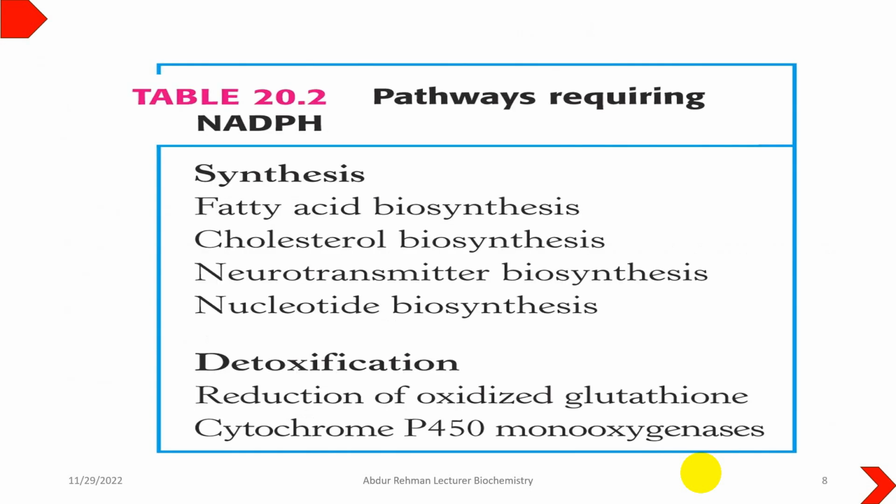These are the processes which require NADPH. We already mentioned that fatty acid biosynthesis, cholesterol biosynthesis, neurotransmitter and nucleotide biosynthesis all require NADPH, as do certain detoxification processes which require the reduced form of glutathione, and similarly the cytochrome P450 monooxygenase enzyme, which has a detoxification role.